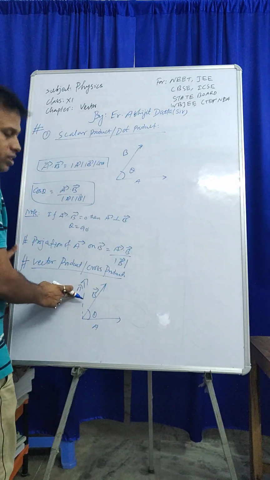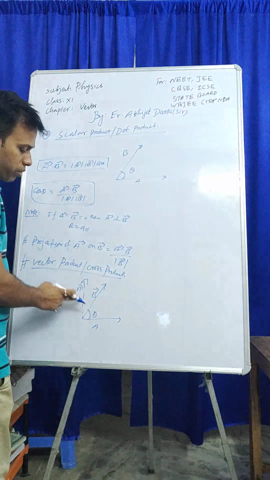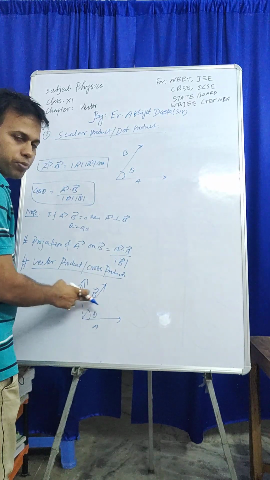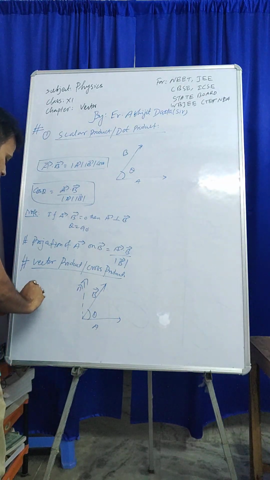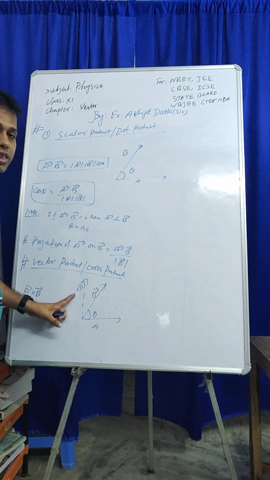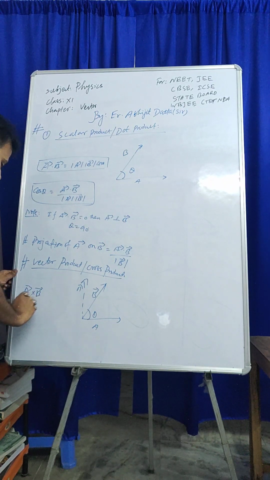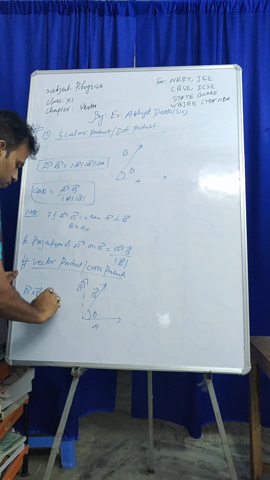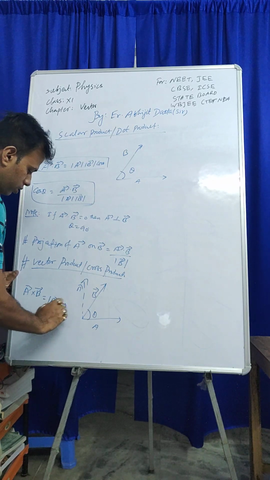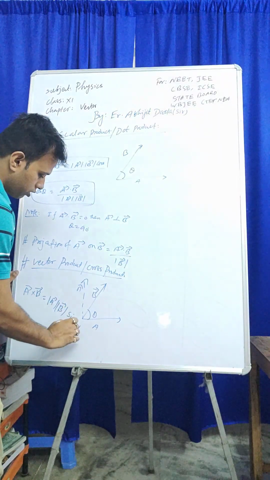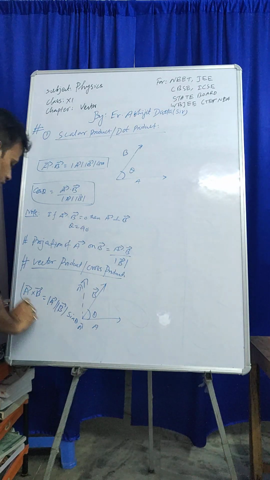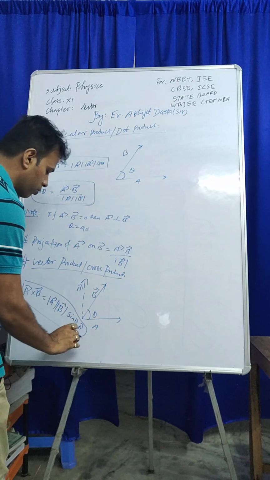So this n cap is a unit vector which is perpendicular to both vector A and B. That means this n cap represents the direction of the cross product. So we can say A cross B is mod A mod B sin theta into n cap. Okay, right? This is the formula of cross product.